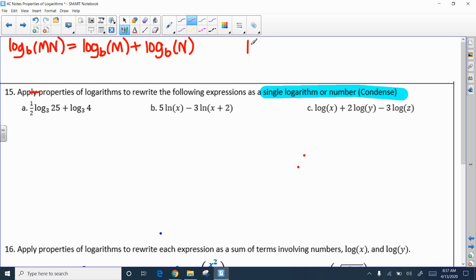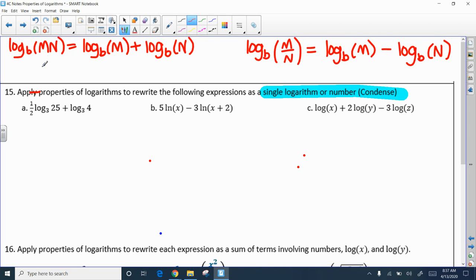So the next property is if we have log base b of m divided by n, it can be rewritten as log base b of m minus log base b of n. And then the third property is if we have a constant in the front, c times log base b of m, that constant in the front can move to the exponent.